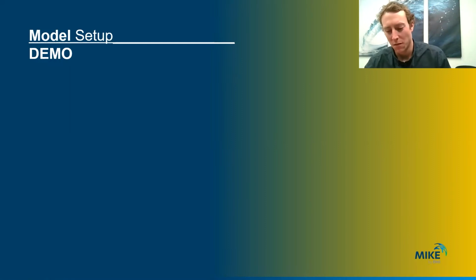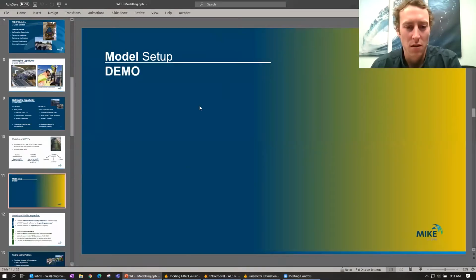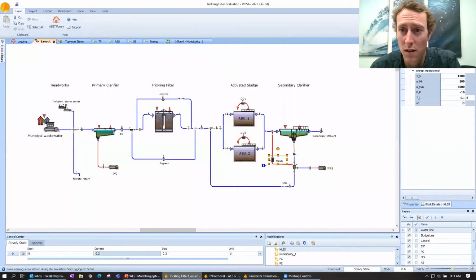Once that opportunity has been identified and we've decided that we'd like to build a model, there are a lot of considerations, and we always want to come back to this theme as to why we're modeling, and that can really help set up the project for success. So I'm just going to head over to our demo.